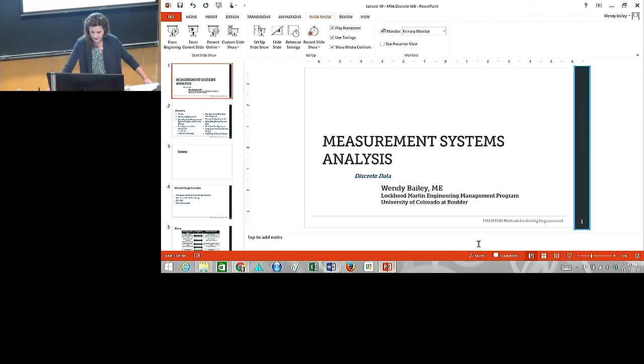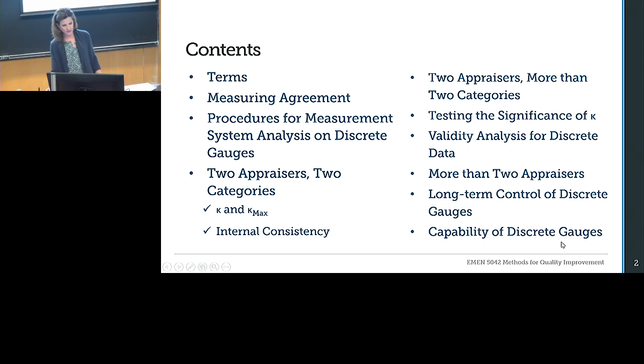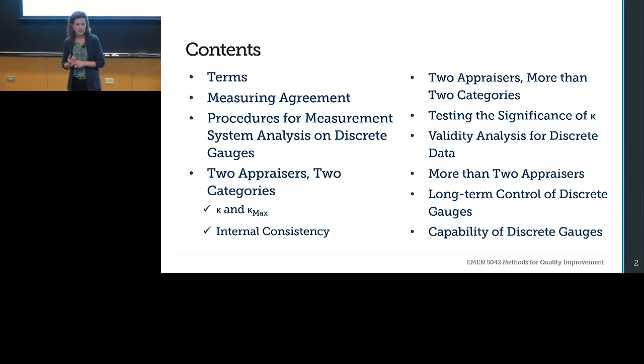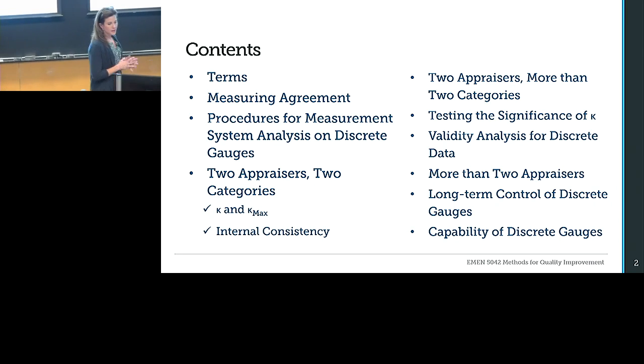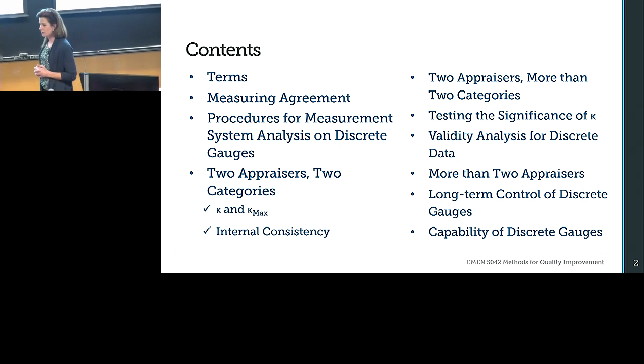All right, we're going to talk about discrete measurement system analysis. So last week, we finished up our study on measurement system analysis for continuous gauges, or continuous data that comes from gauges. Now we're going to look at discrete measurement. And of course, you guys are familiar with discrete.